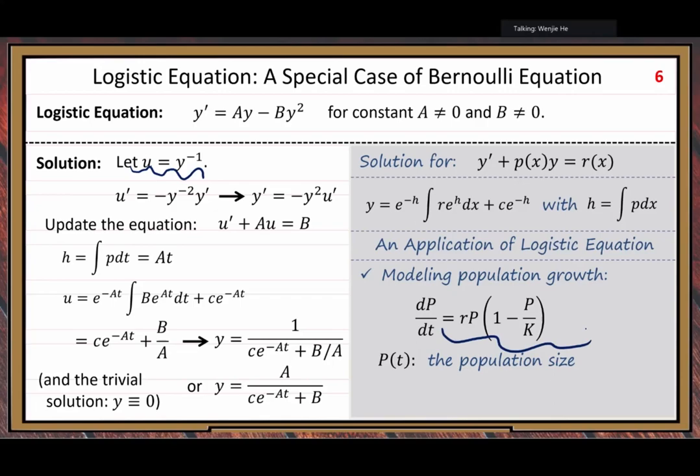But based on the observation of the real world, any population looks like it has some limit. It cannot grow forever. No population can grow forever. Sooner or later, it hits some bound, and then probably the population goes down.